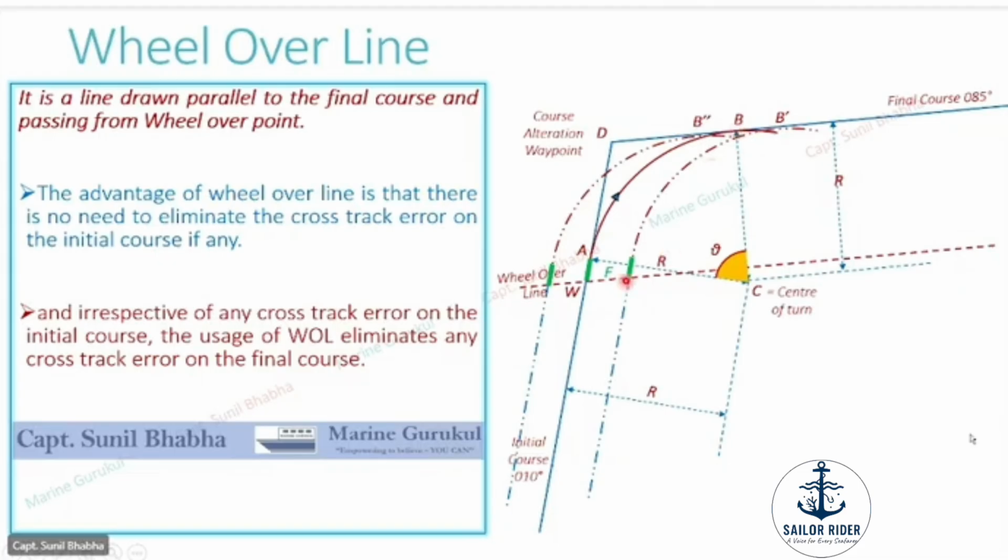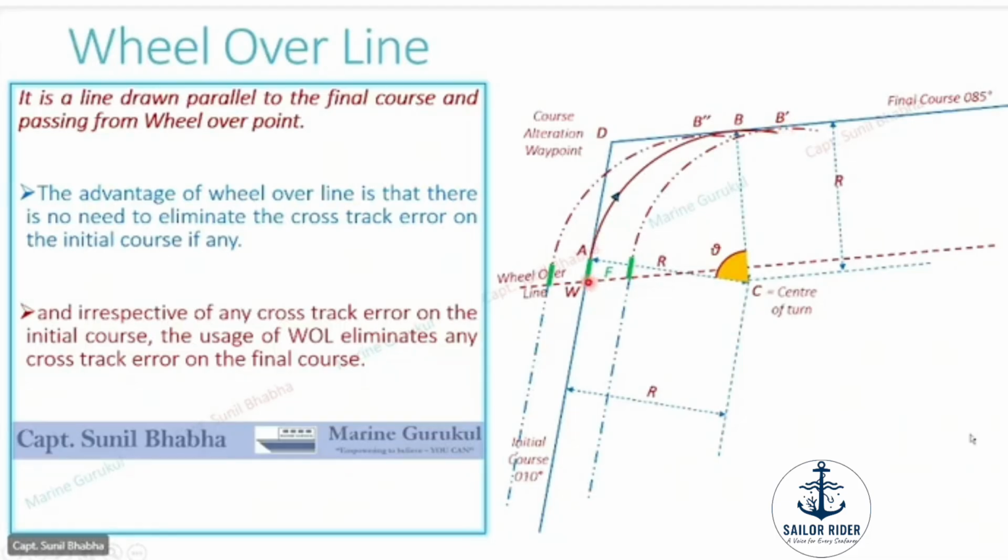In case the cross-track error is to the starboard side, on this particular track, the vessel will be reaching at point B dash. This point B dash is at a distance equal to the initial cross-track error which the ship had. This particular distance between these 2 points is the same as the distance between B and B dash.